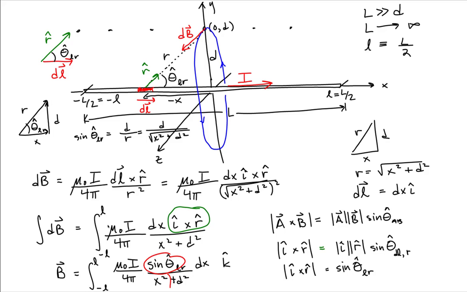Yes, this is an approximation, but this approximation works very well for points in space that are very close to the wire.